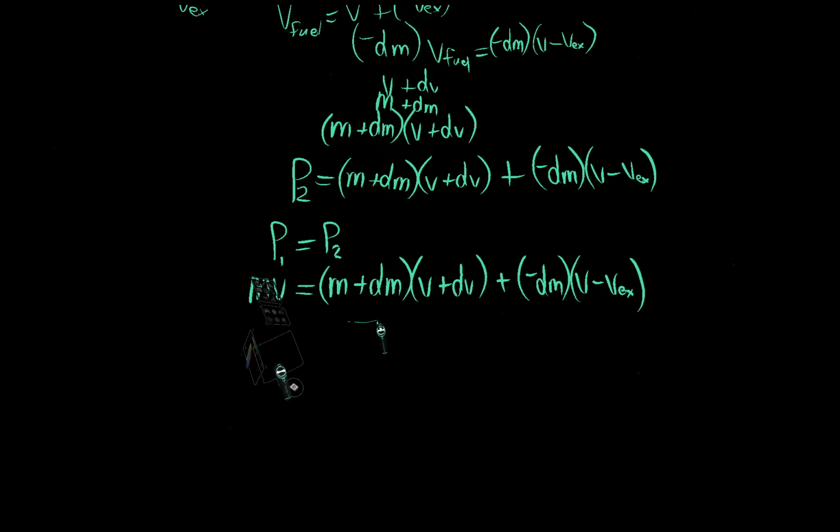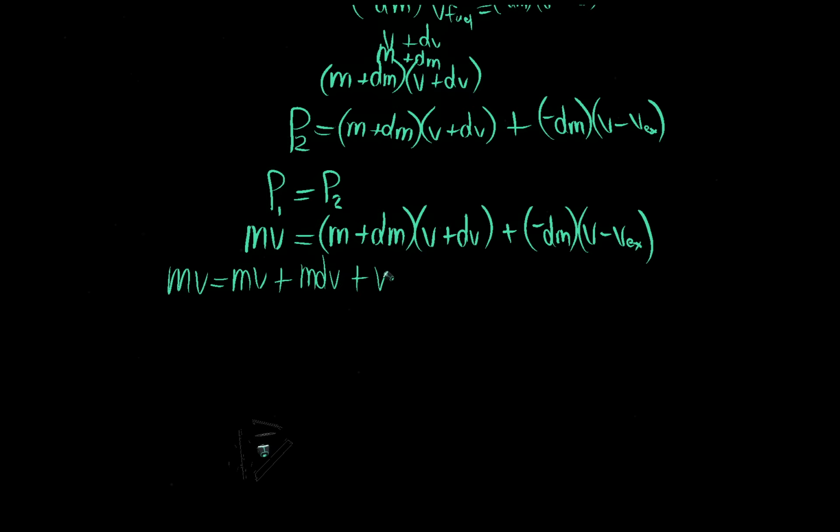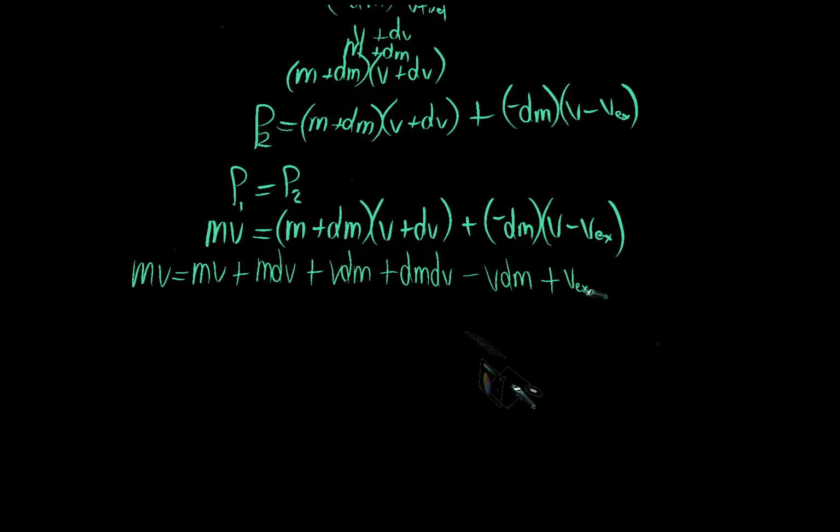And so if we work some of this out, we get mv is equal to mv plus m dv plus v dm plus dm dv, minus v dm plus v exhaust dm.